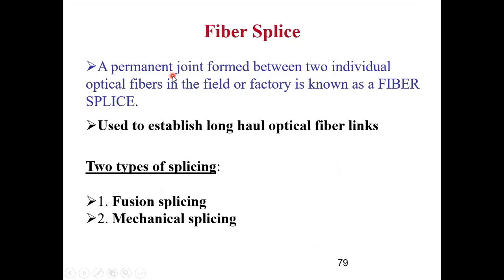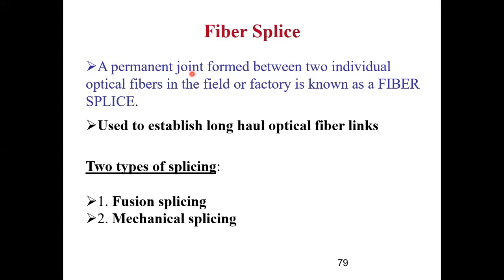That is not a connector. It was a mechanical splice, or an elastic tube which I have slid over that particular joint. So that also we are calling a permanent joint. It's not a temporary joint.